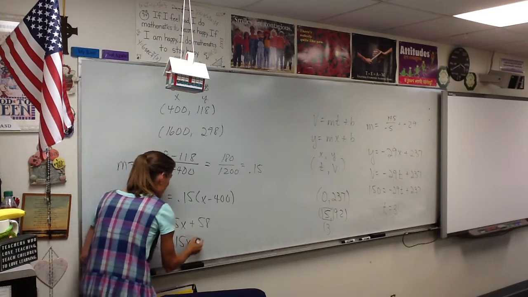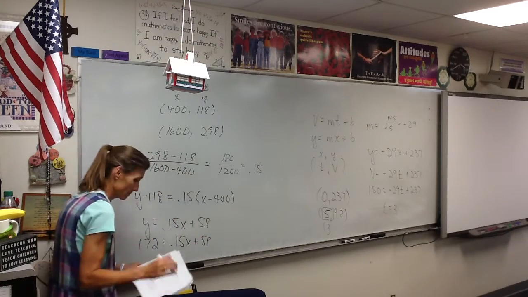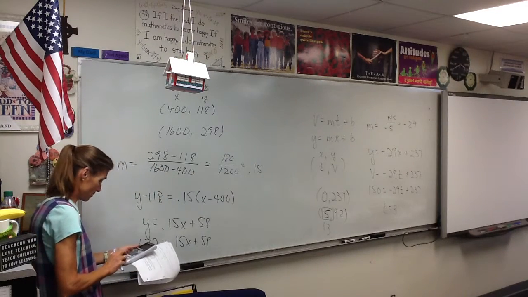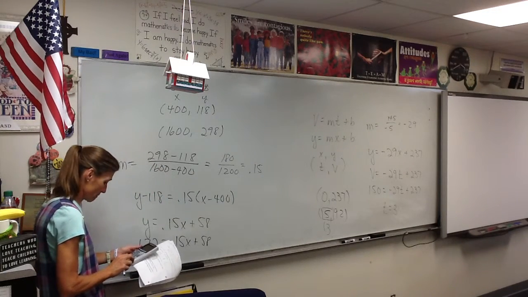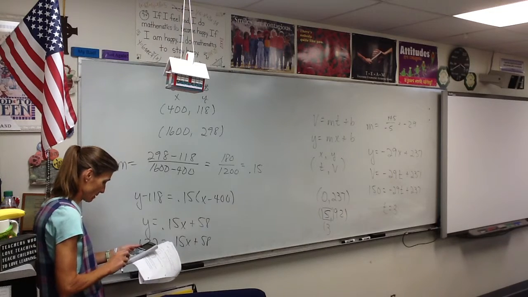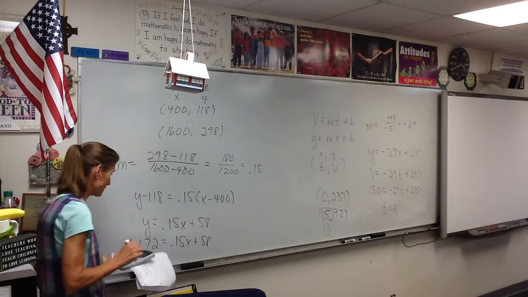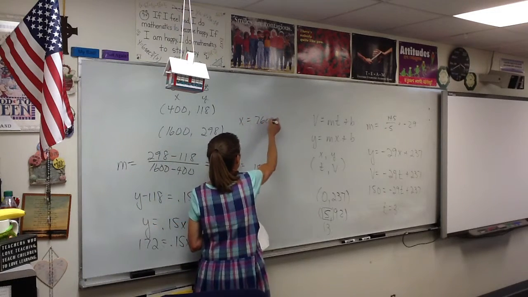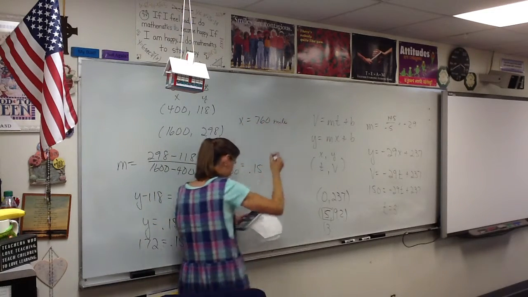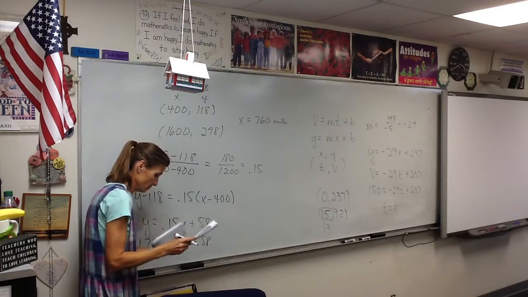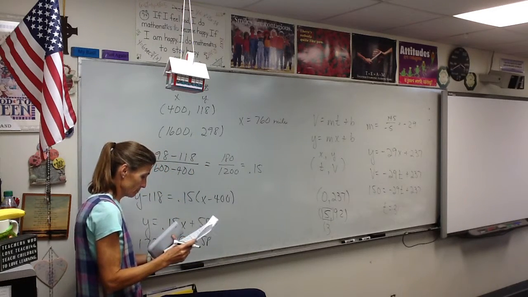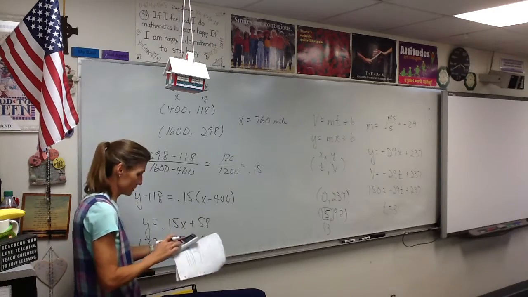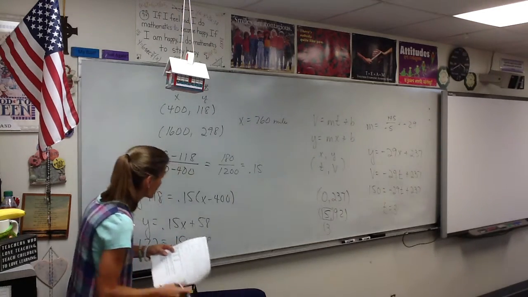And solve that equation. So it looks like the answer is 760 miles. Well, it doesn't really say whether it's miles, so I don't know what it is. Assuming it's miles.